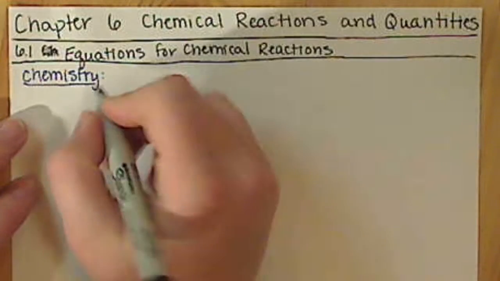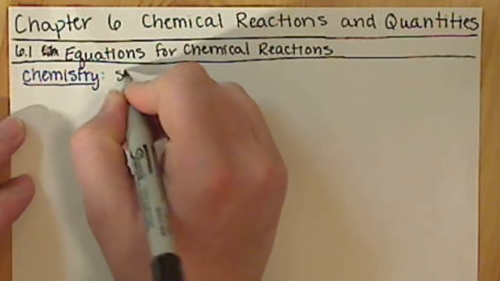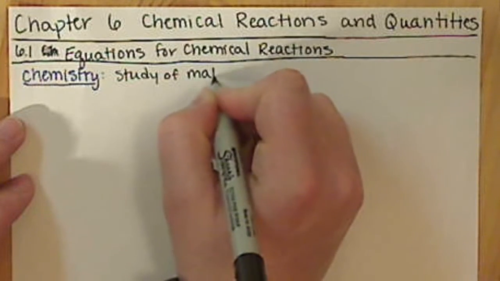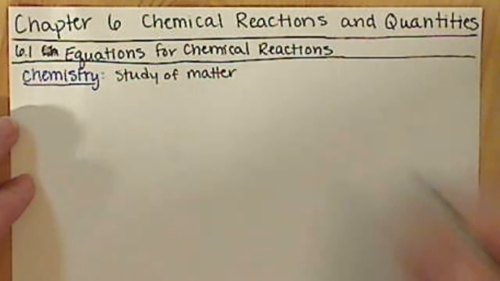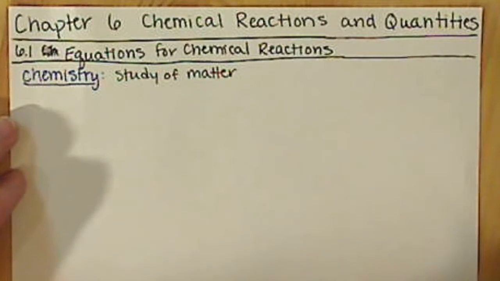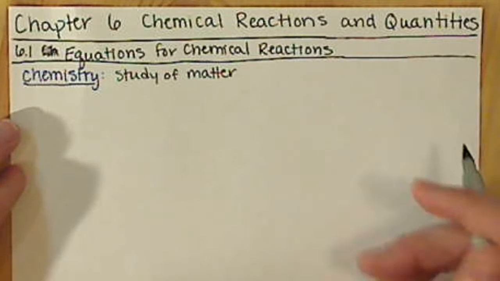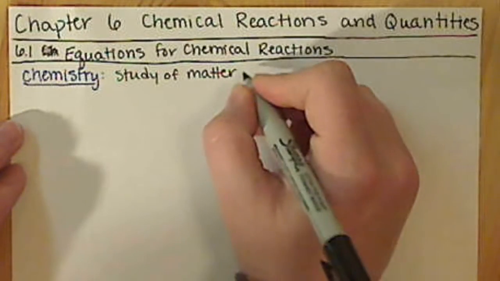So chemistry is defined as the study of matter, which we first introduced in chapter 2. But really the interesting part of chemistry is where we study the changes that this matter undergoes.